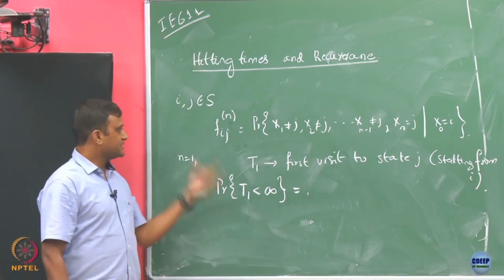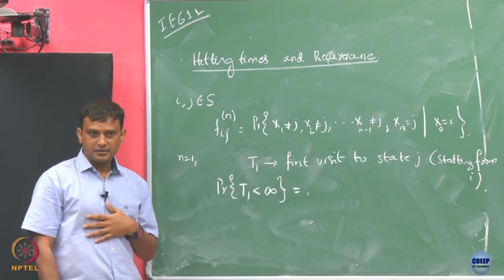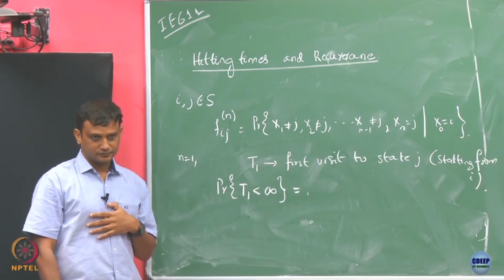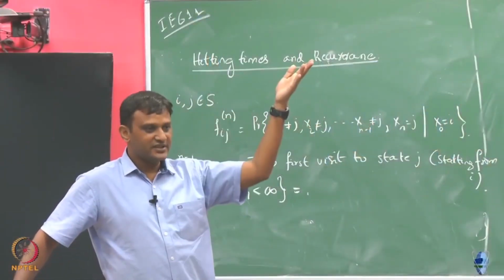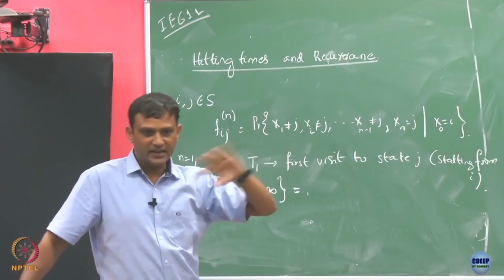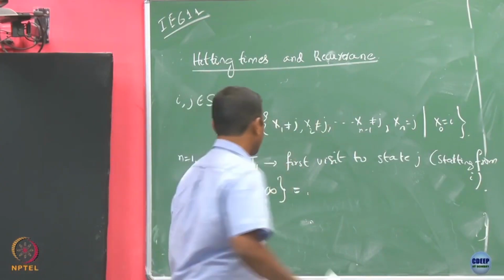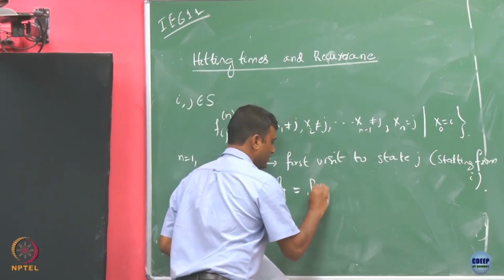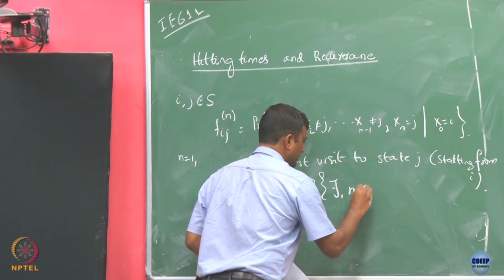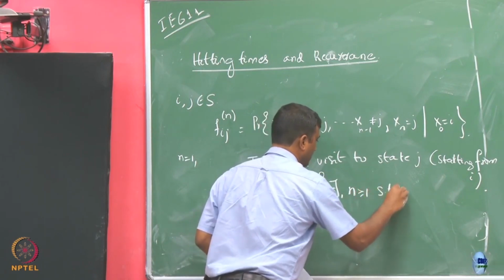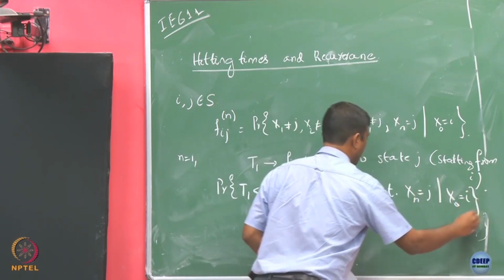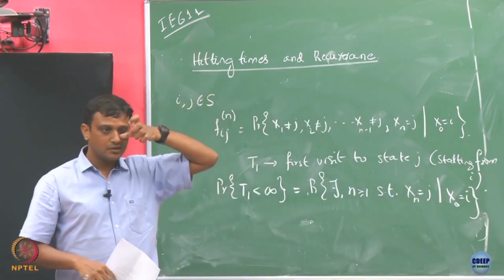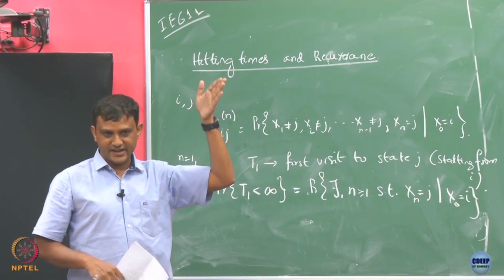Can I express this in terms of f_ij's? If you can go in 1 step, that is fine, in 2 steps, fine, in 3 steps, also fine, all these are fine. So ultimately I can say this is the probability that there exists n such that Xn equals j starting from i. Eventually I am going to hit state j starting from i.